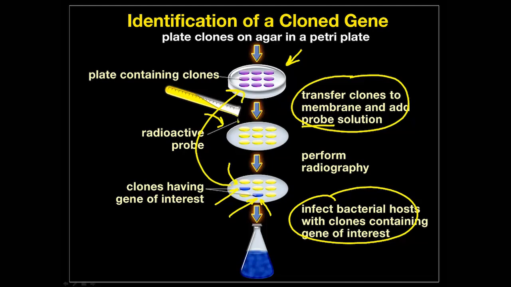So you could do it that way as well. You could isolate this DNA, re-put them, if that's a word, back into some new bacteria, or you could go back and find the original clone, all right? But the bottom line is you're going to end up with bacteria harboring the plasmid that is the clone of interest, meaning all or part of the horse insulin gene would be on that clone. So you screened the library.